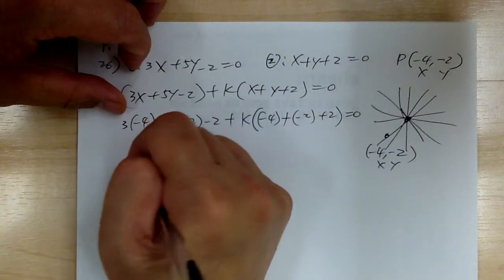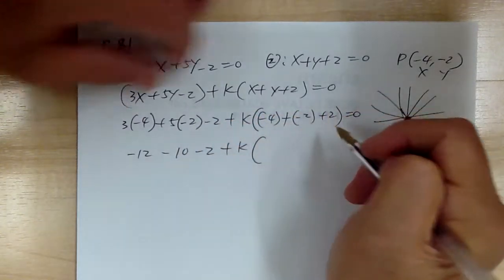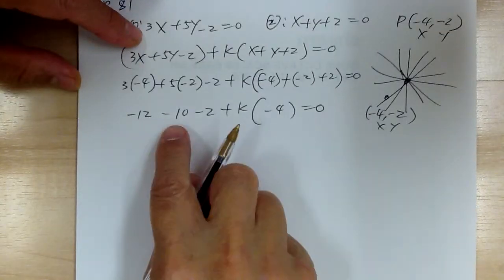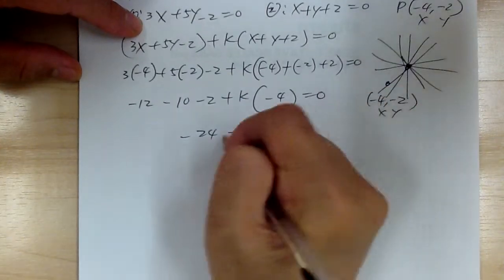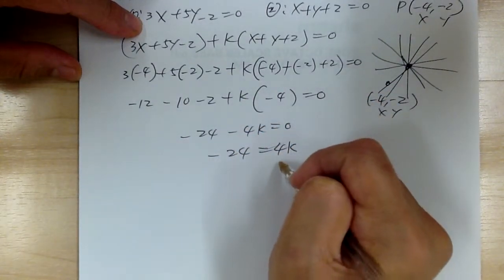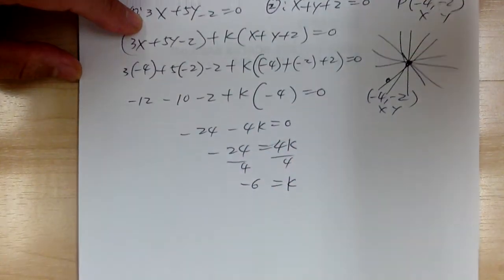So I got -12 minus 10 minus 2 plus k times, so this cancels out, so it'll be -4 equal to 0. Okay, so got -24 minus 4k equal to 0. Moreover, so -24 equal to 4k divided by 4. So k equal to -6.